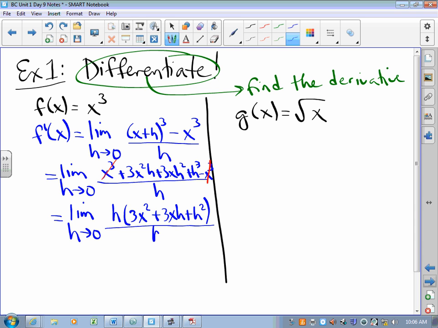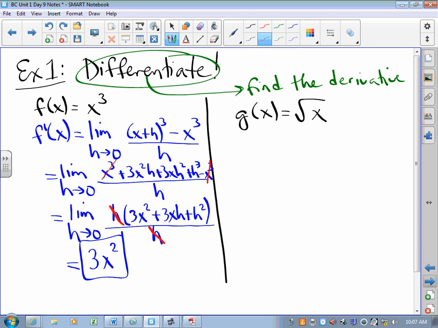So those h's drop because h is not 0. It gets close to 0, but it is not 0. And so now we say, what happens as h gets closer and closer to 0? The 3x squared is unaffected. 3xh, well, that gets closer and closer to 0. h squared, that gets closer and closer to 0. And so the derivative is 3x squared.